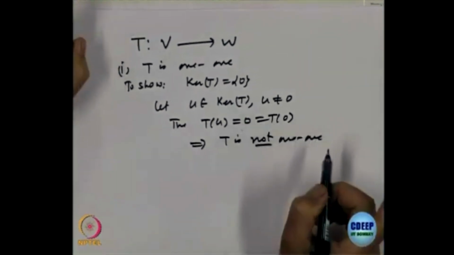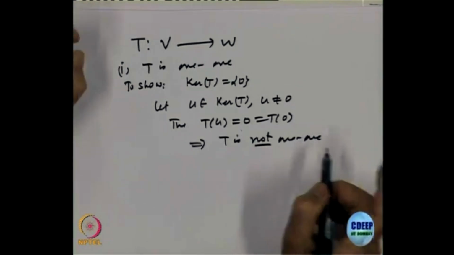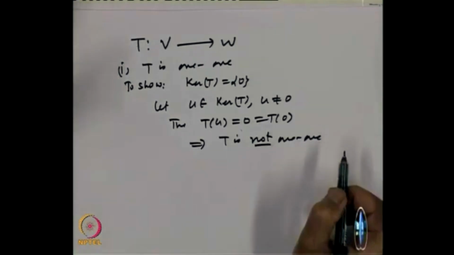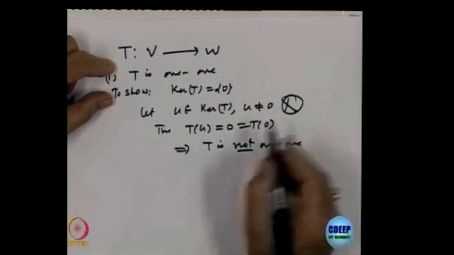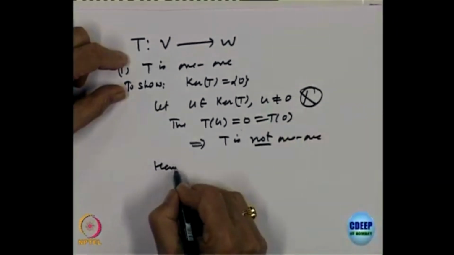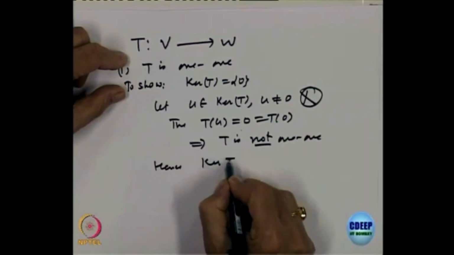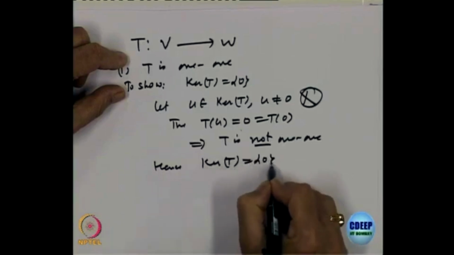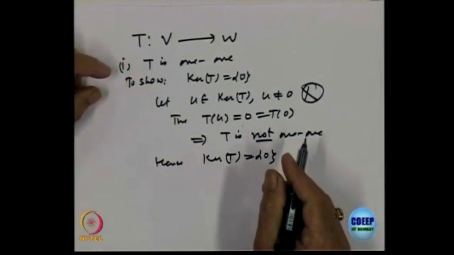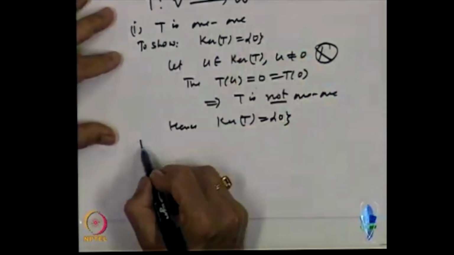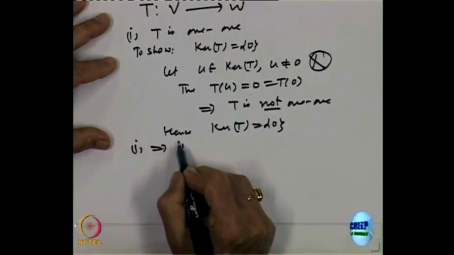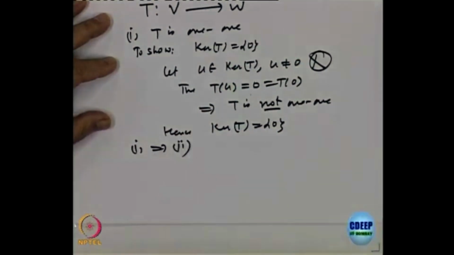I got two different elements, one non-zero and other 0, with the same image 0. So that is not possible. Hence the kernel of T is only 0. So this proves 2; 1 implies 2. If T is 1-1, then its kernel is equal to 0.